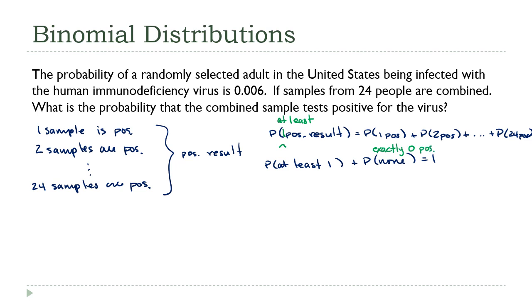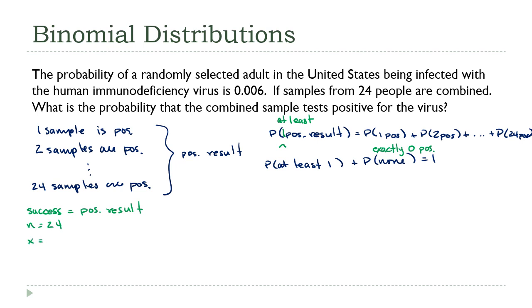Now let's break this down. I'm going to define a success to be there is a positive result. N is the number of trials. That's 24, the 24 samples that I combined together. X is the number of successes.